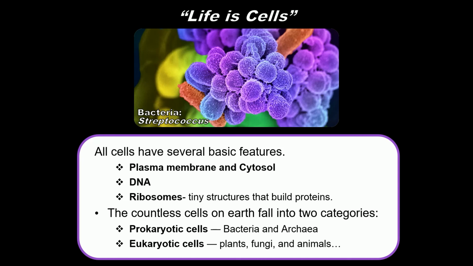All cells will have these features. They will have a plasma membrane and cytosol. Now that plasma membrane is the exterior portion of the cell. It's the outside. It's the border of the cell, the skin of the cell, if that helps you think about it. If you remember at the end of Unit 1, I talked about a phospholipid bilayer.